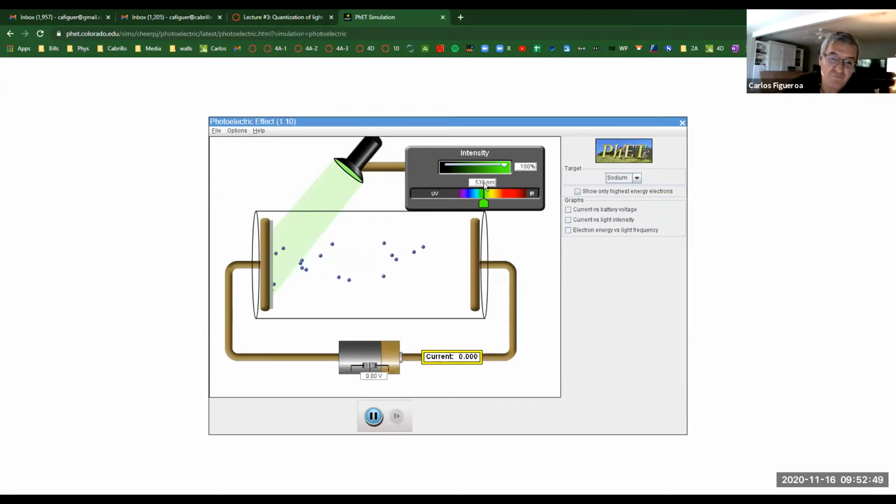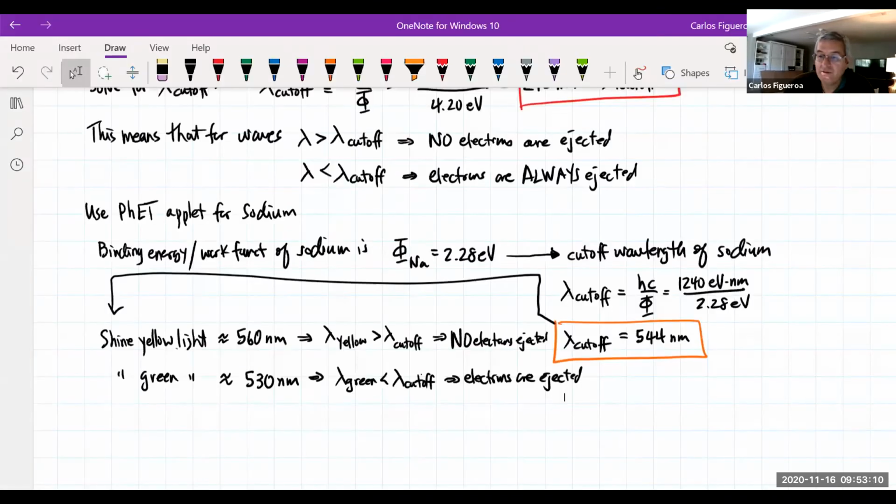That's what that cutoff wavelength means. If I'm above that cutoff wavelength, I'm not going to get electrons. But if I'm less than that wavelength, then I'm going to eject them.